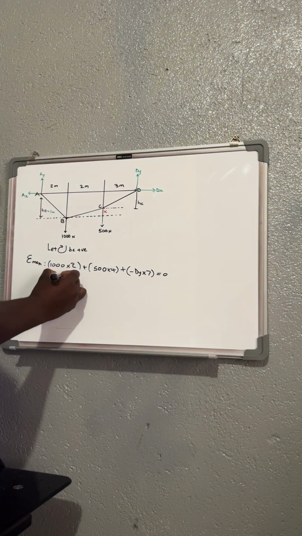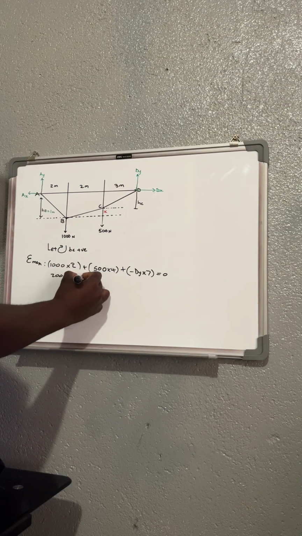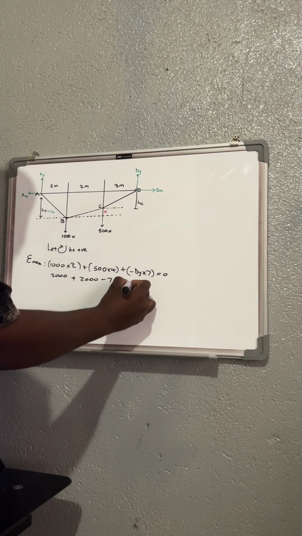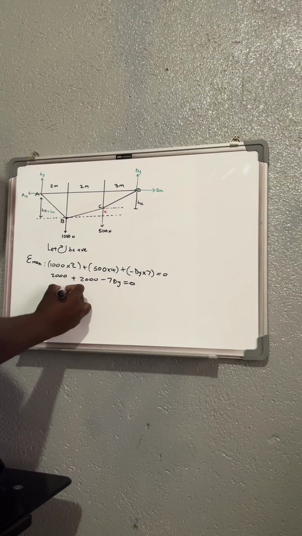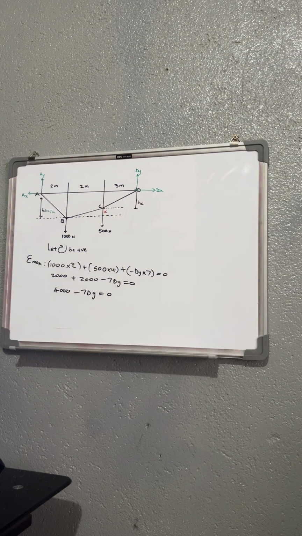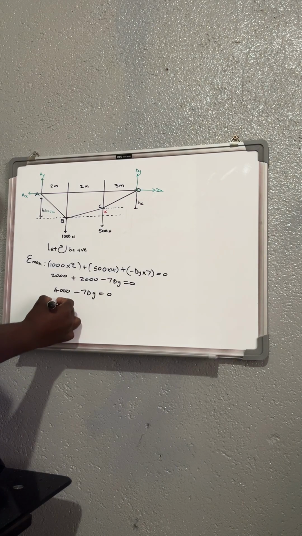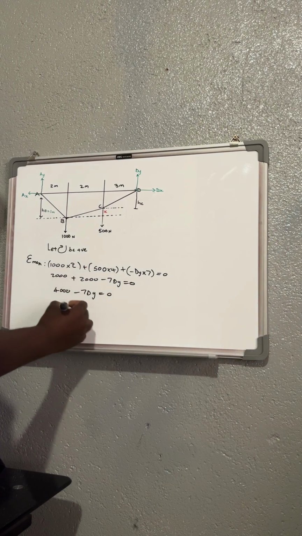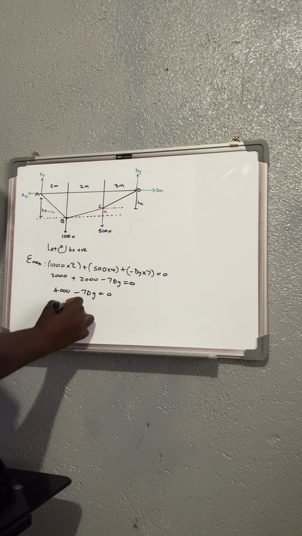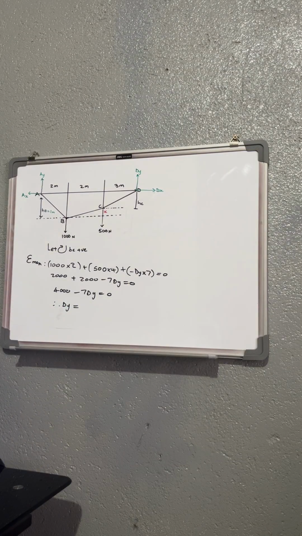So we will have our 2000 plus, I think this one, yeah, still 2000 minus 7 DY, this is equals to 0. We have 4000 minus 7 DY, this is equals to 0. Then you take your 7 DY to the other side and divide, and you'll say your DY would be equals to what?